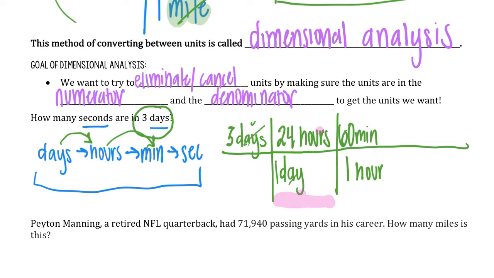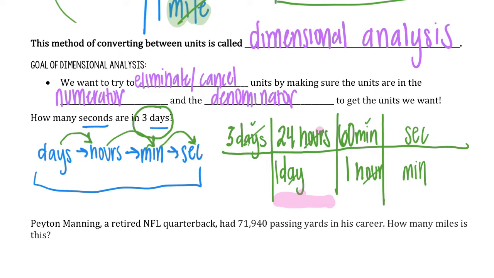Just like the days canceling before, the hours now cancel because they are in the numerator and in the denominator. We are now in the unit of minutes, but we don't want to end in minutes, we want to end in seconds. So we're going to put minutes down below so it cancels, and seconds, the unit we want to get to, up above.